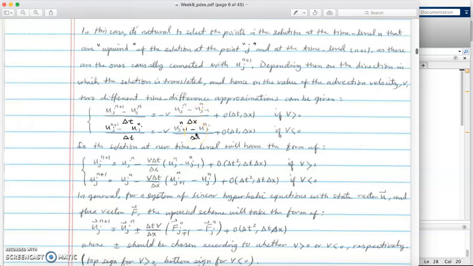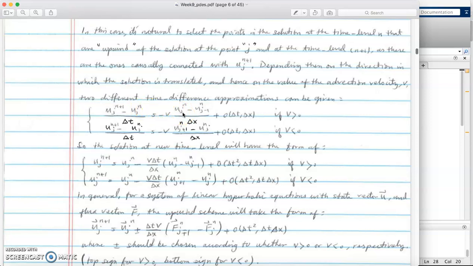This one is forward in space because it's j plus 1 minus j. The question is where we should use backward in space and where forward in space for the advection equation. For these two, we always use forward in time because that's n plus 1 minus n.